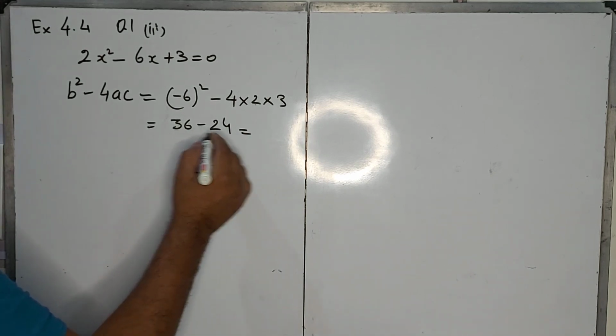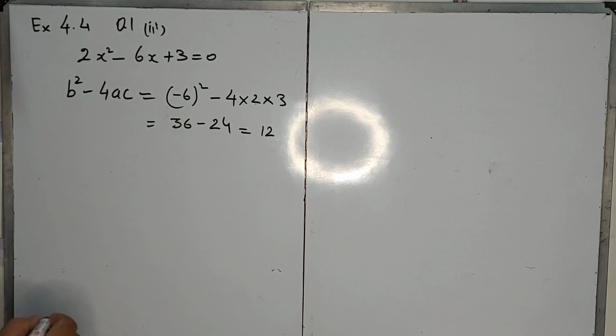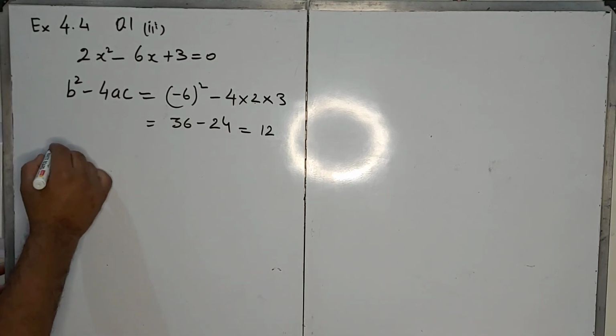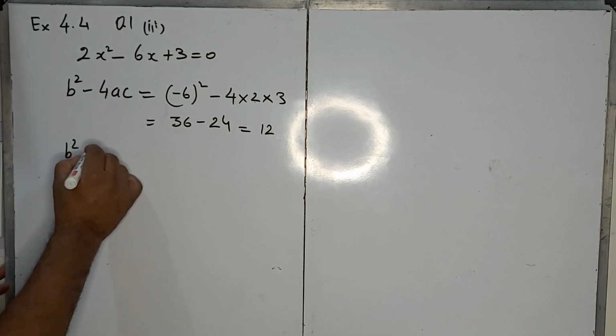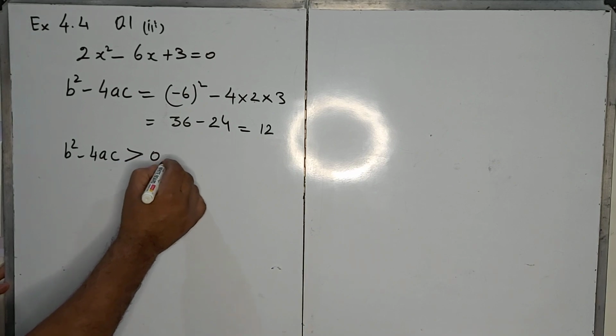After subtracting, you will get 12. Have you seen that the value of b square minus 4ac is greater than 0?